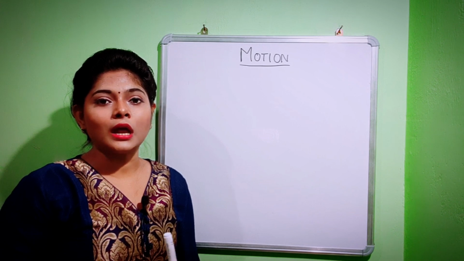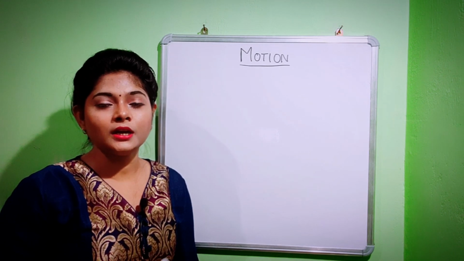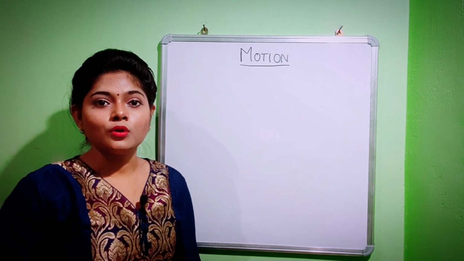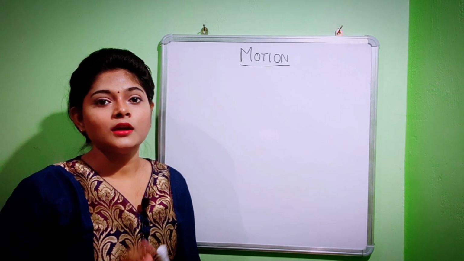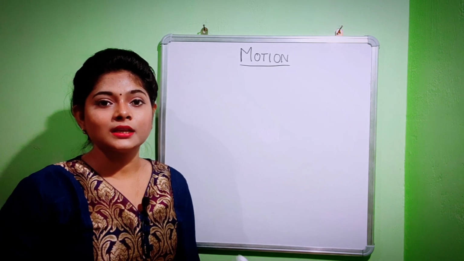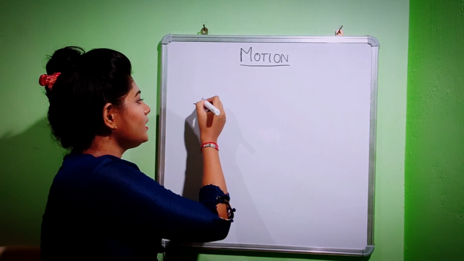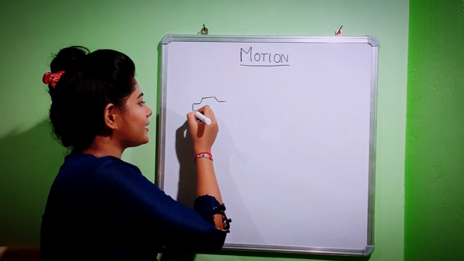So again, moving on to our definition of motion, let's see what is the definition of motion. Motion depends upon three factors. First factor is distance or length. We will see how. Suppose this is a car.